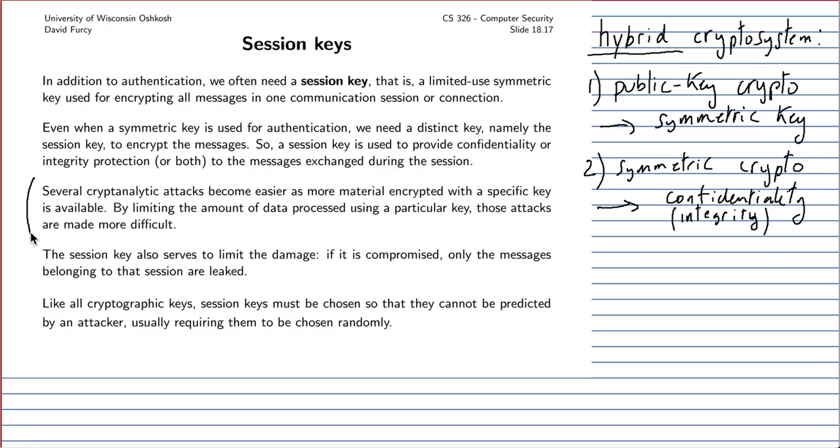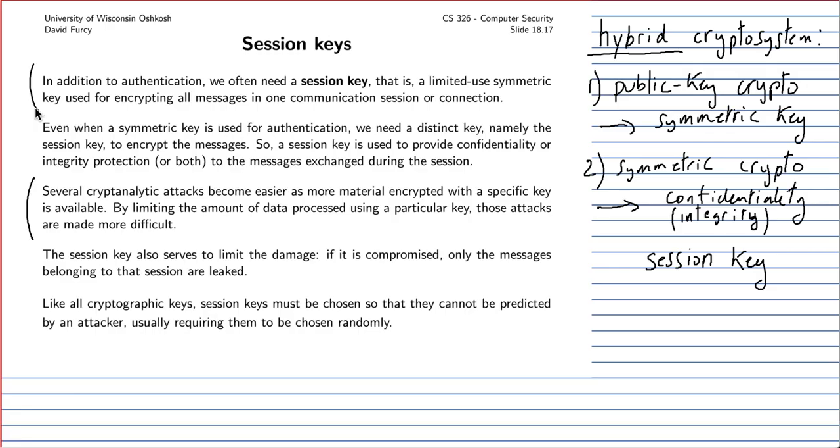So keys must be used for a short time. Typically, we say that a symmetric key should just be used for one session. And such a key is called a session key. So what is a session then? Well, a session is just a relatively short sequence of messages that two people send to each other when communicating.